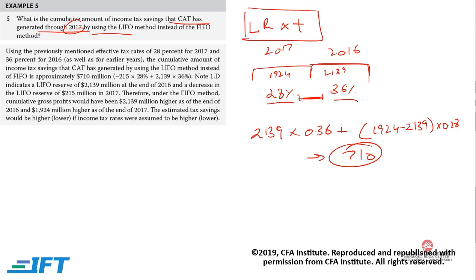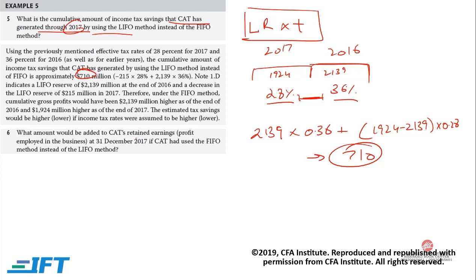So the cumulative amount of income tax saving that CAT has generated by using the LIFO method instead of FIFO is approximately 710 million.